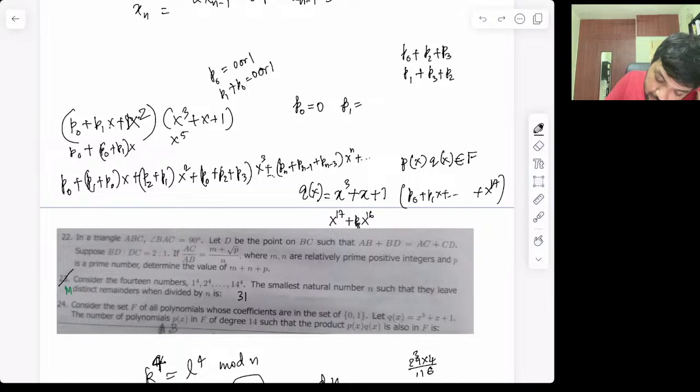Let's not look at the P0 as 0 situation. First let's look at P0 as 1. Then P1 is forced to be not 1, that we already know. So P1 is 0, right? And once P1 is 0, then P2 can be 0 or 1.